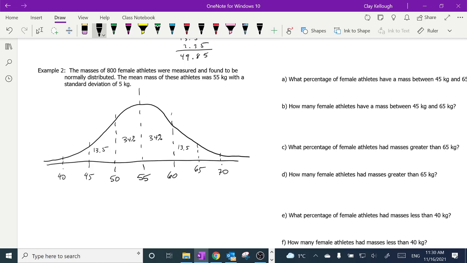And then to get to 99.7, I need another 4.7%, roughly. So that's 2.35 and 2.35. And there we go. If you add all that up, that's 99.7% of the data.